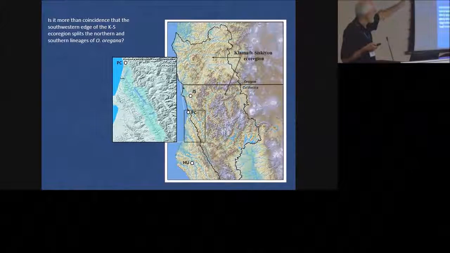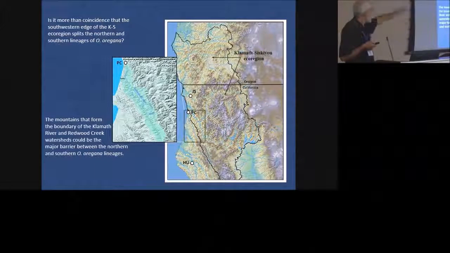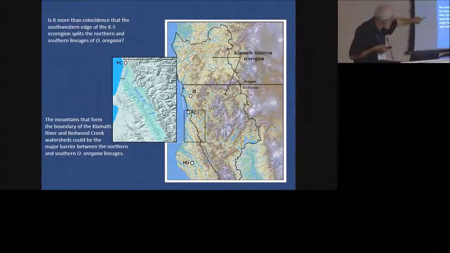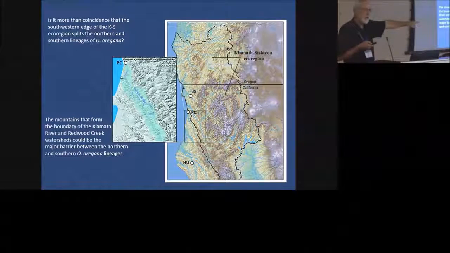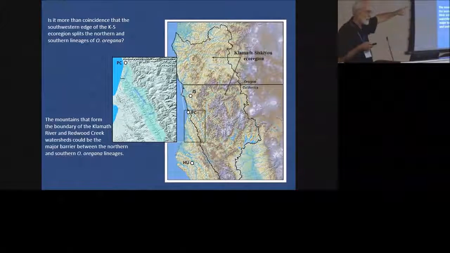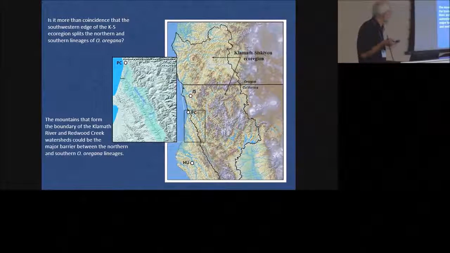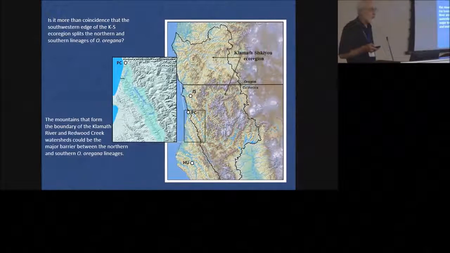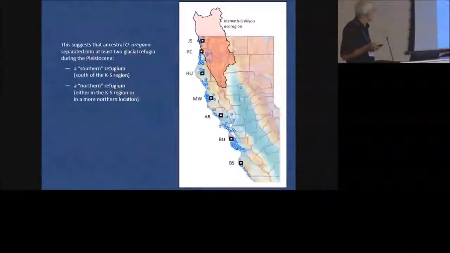So I think there's a possible pathway between those. But the mountains that come more southeast get higher, 3,000, 4,000 feet, and perhaps you might have a barrier there between the Redwood Creek and the Klamath River watershed. So that could be the barrier to migration.